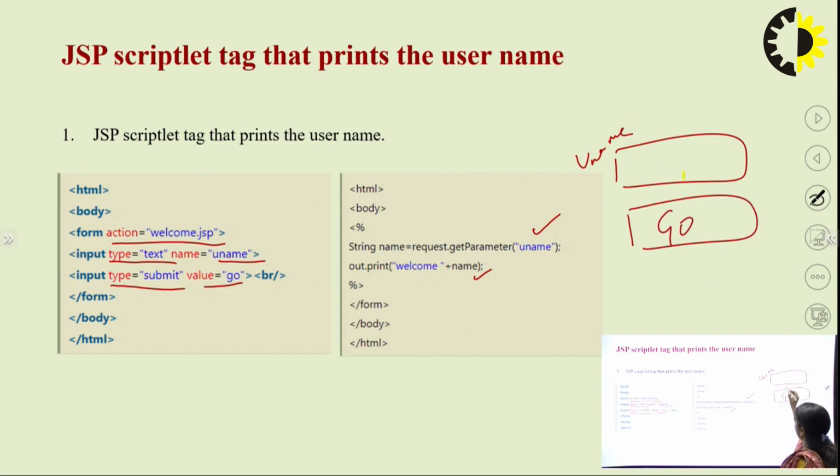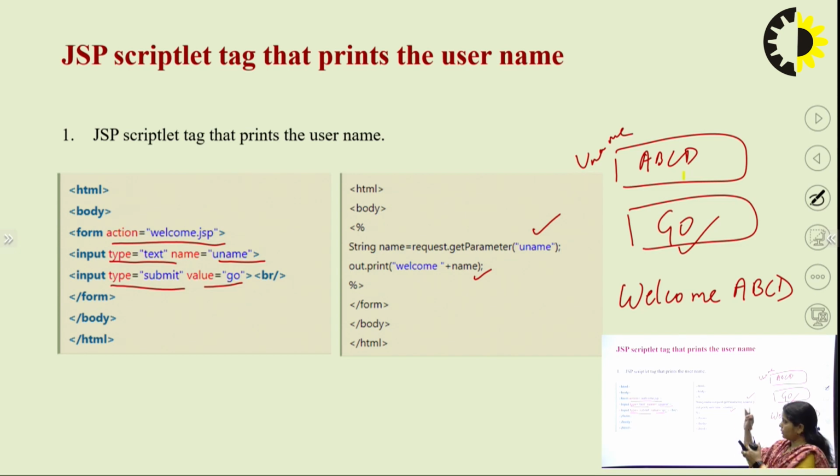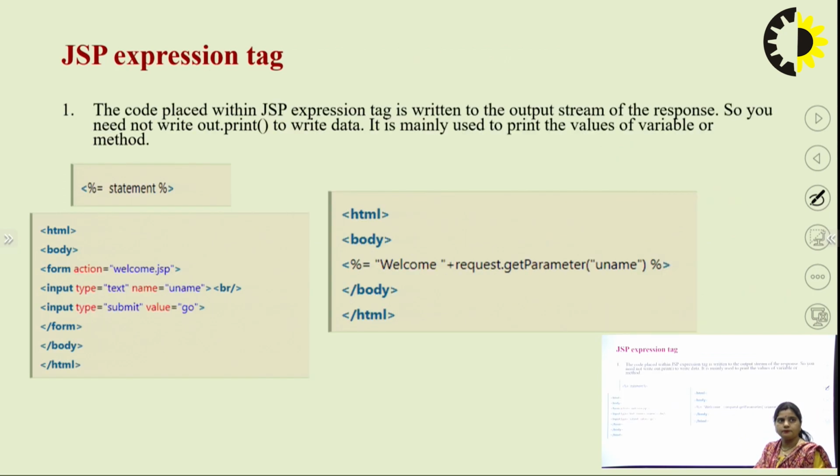So when we write any name here, suppose you have written ABCD, and when we click on this button, then you have a message just like this: Welcome ABCD. So overall the working of this code looks like this only.